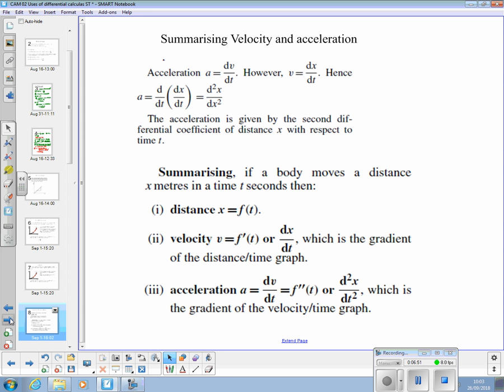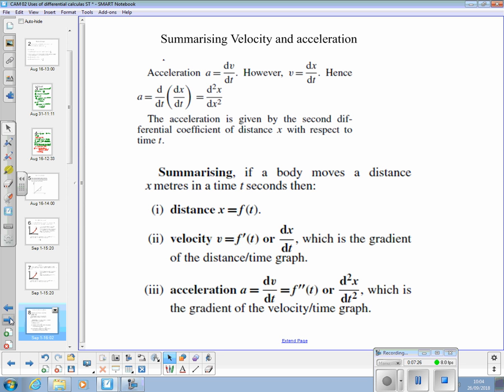So if a body moves a distance, to summarise, x meters in time t seconds, distance x is a function of t, velocity is the first differential of that function, dx by dt, or that's the gradient of the distance time graph. Acceleration is dv by dt, or the second differential, d2x by dt squared. Gradient of the velocity time graph.